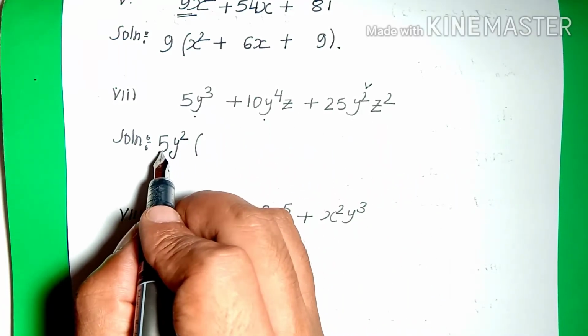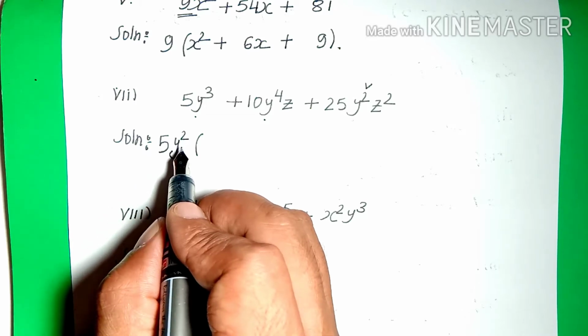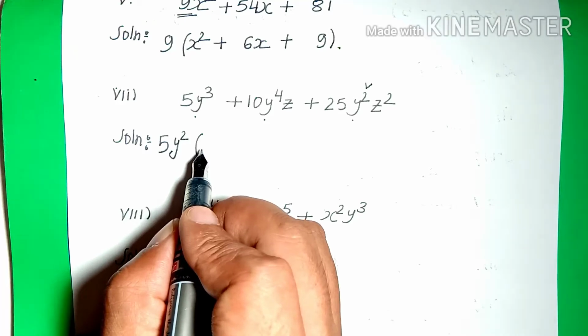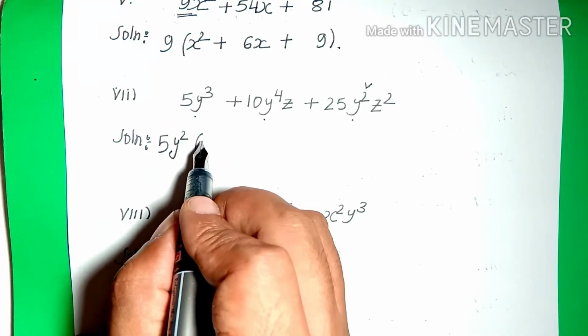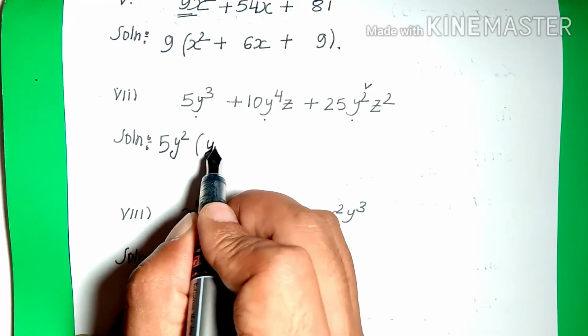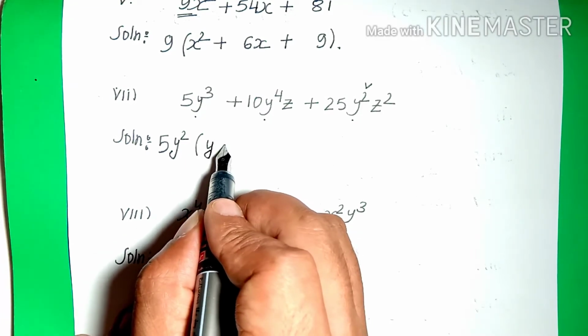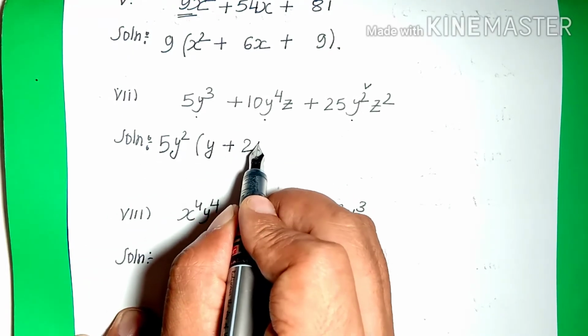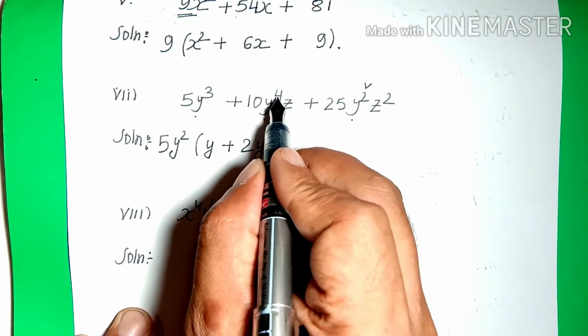That means after taking 5y square, the highest common factor among these three terms, now the leftover here: 5 into how many times? 1. So we don't need to write 1 here. Then there will be only y to the power, yes, 1. Plus here 5 into how many times? 2. Then the variable y will be left out from y to the 4.